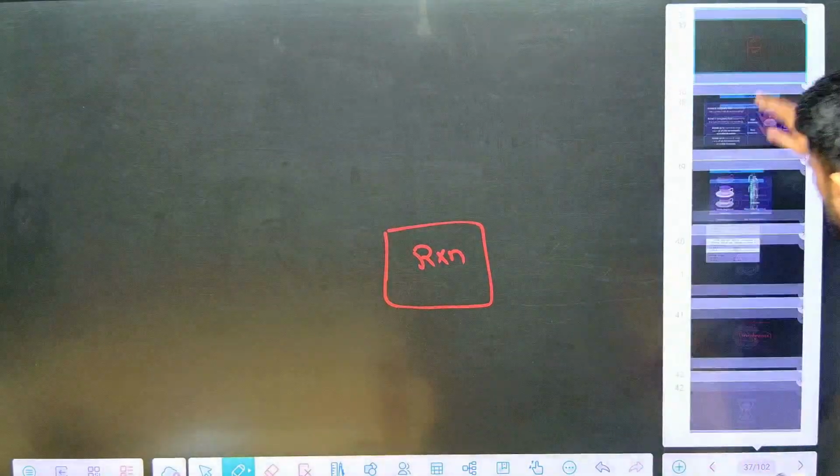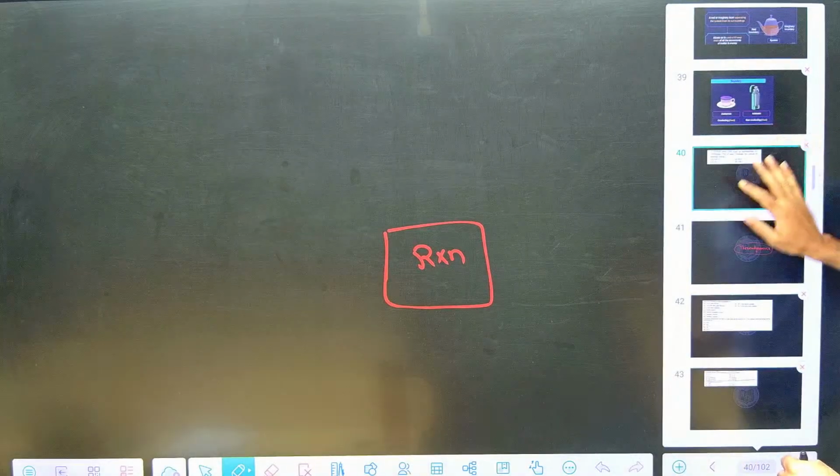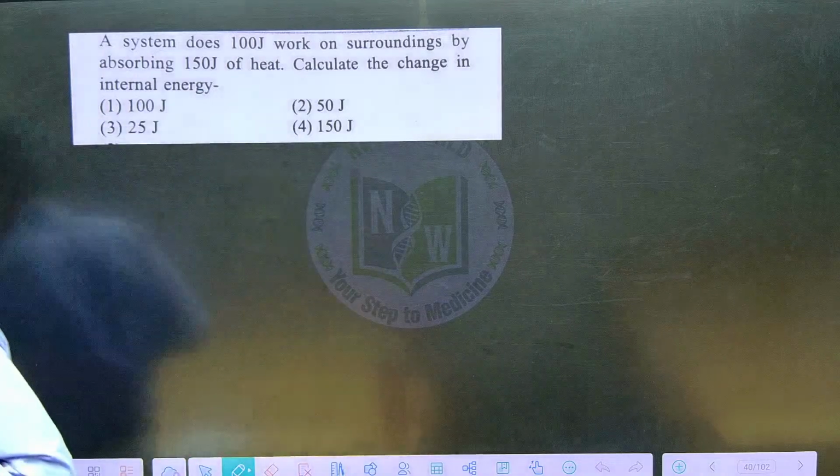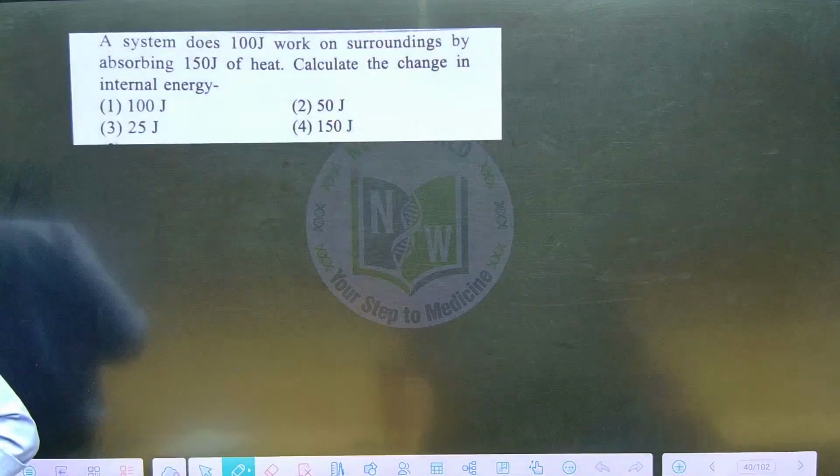Now there is something called the first law of thermodynamics. What does the first law of thermodynamics explain? It says that the total energy of the universe remains constant.